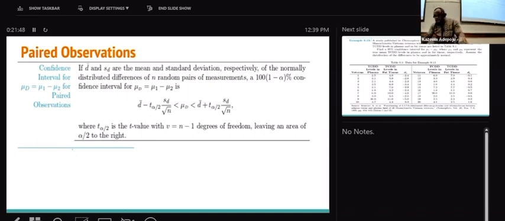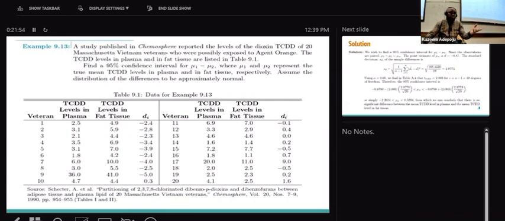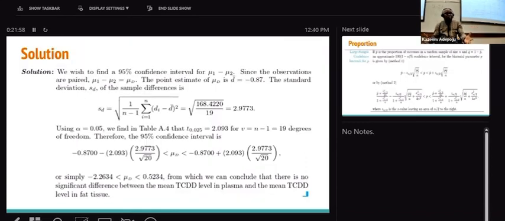Now at the degree of freedom, we say n minus 1. I got 20 veterans, so the degree of freedom is going to be 19, of course, when I go into the table. Under the degree of freedom 19, if I'm giving 95% confidence, the level of significance will be 5%, 0.05.